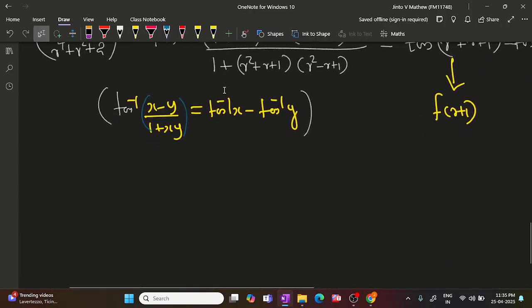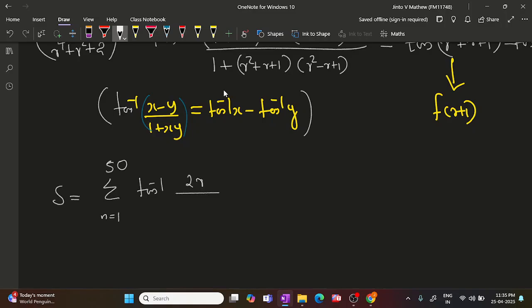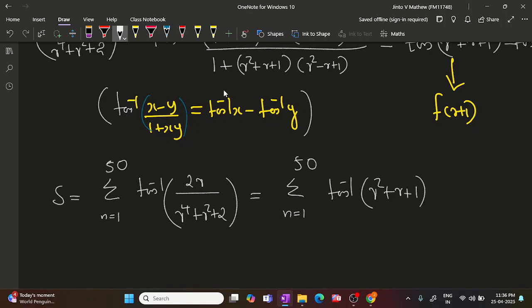Now what is our S? S is the sum from n equal to 1 to 50 of tan inverse 2r by r power 4 plus r square plus 2. That can be written as the summation from n equal to 1 to 50 of tan inverse r square plus r plus 1 minus tan inverse r square minus r plus 1.